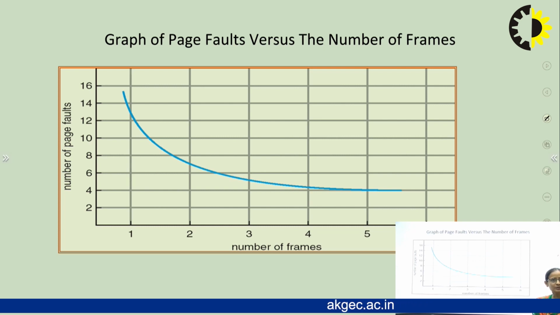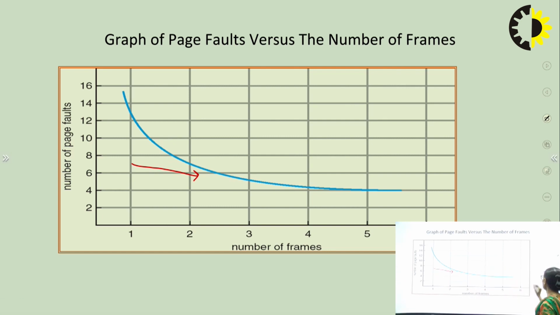This graph is showing that my number of page faults decreases when I allocate more frames. Basically, if I have only 3 frames, then all the processes are using only this much memory.